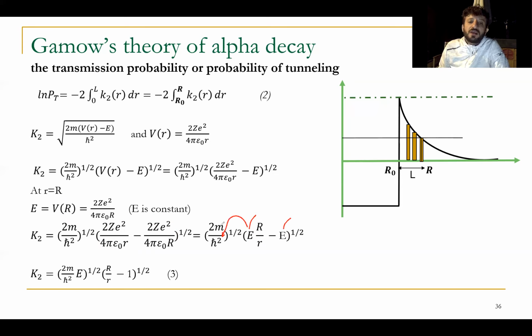Why? This term is constant. I put all the constant parameters together. So here we can put 2m divided by h squared times E, power half, times R capital divided by small r minus 1, power half.